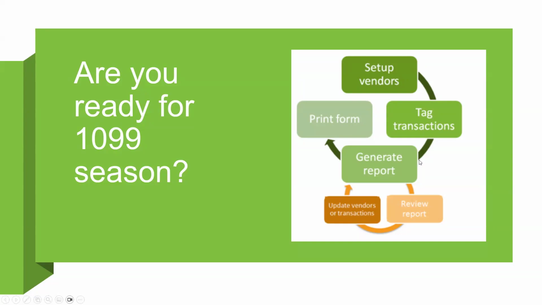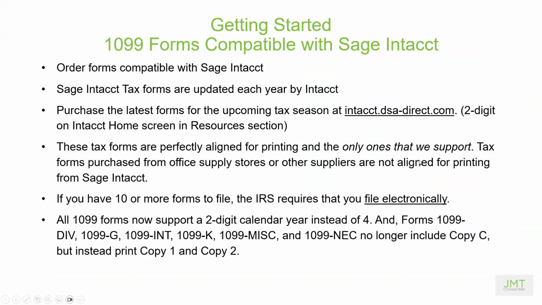There are some changes, though, this year for the 2024 forms. First of all, I can't stress enough that if you are going to generate forms, you order those forms from Sage Intacct, and the Sage Intacct tax forms are updated each year by Intacct. If you buy them from Sage, they already come pre-formatted, so you don't have to worry about formatting and making sure everything aligns.